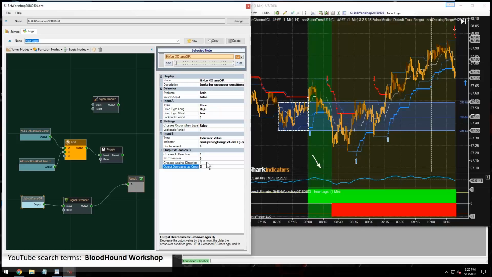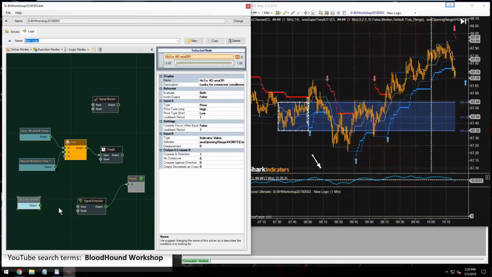Oh, right. No, that's not going to work because of the prices. Okay. Sorry. So let me stick with my original plan, which is to use a long short modifier. Use this function node here.